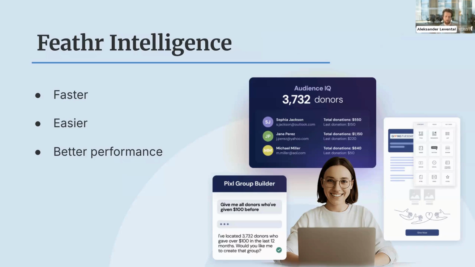And so Feathr Intelligence's principal goal is to make the platform faster, easier, and simpler to use, remove those barriers of time, resources, education, and investment, and ultimately to make your growth activity, the marketing and advertising campaigns intended to acquire more donors or more members, easier for you to impact and run.